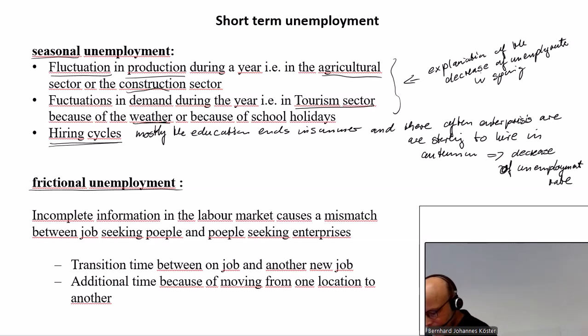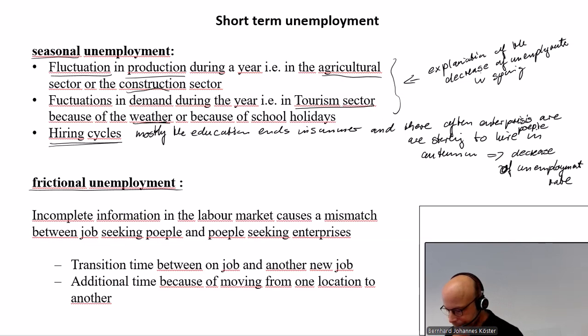So hiring cycles: the explanation is that mostly in our education system, the education ends in summer, and therefore often enterprises are starting to hire people in autumn, and this then ends up in a decrease of the unemployment rate in autumn.